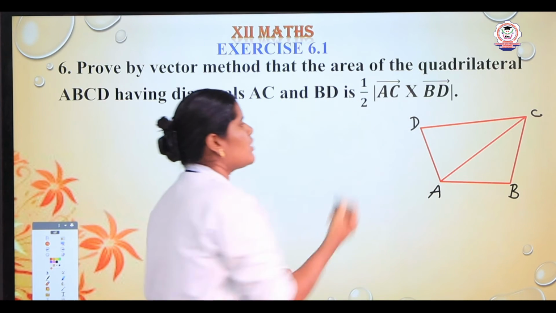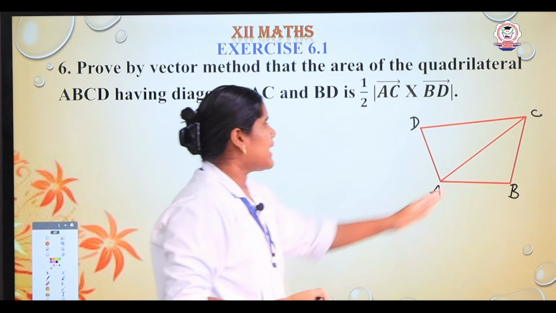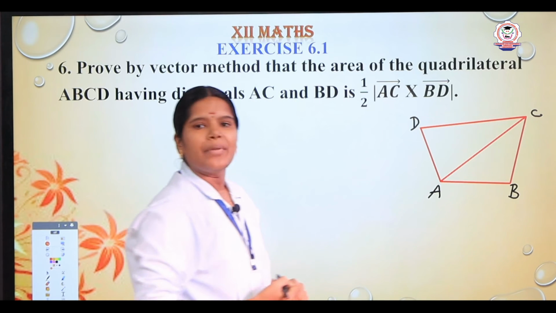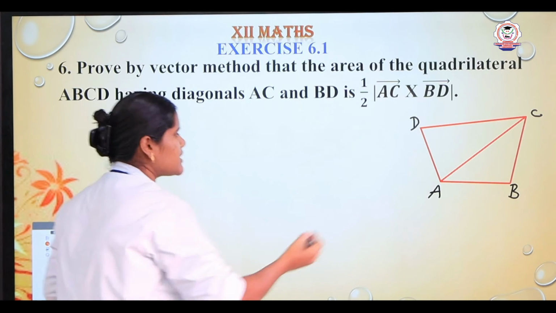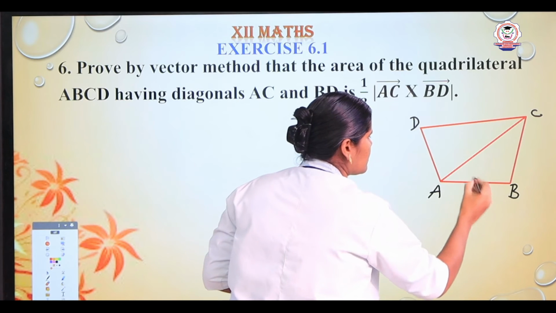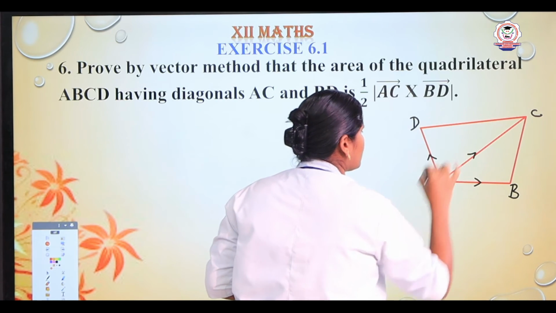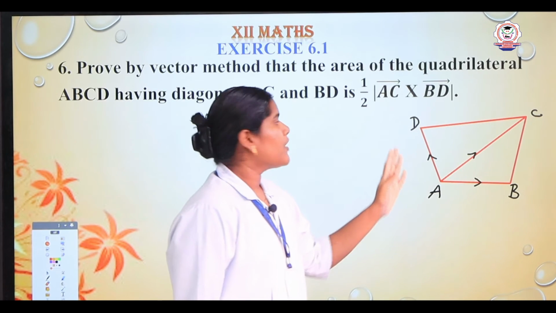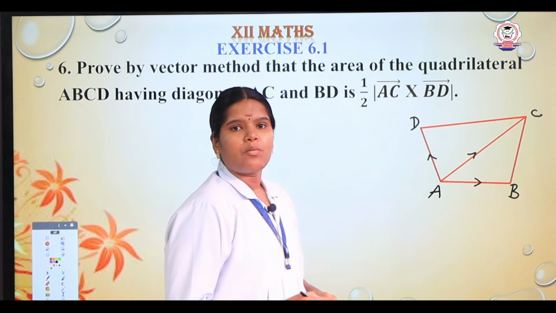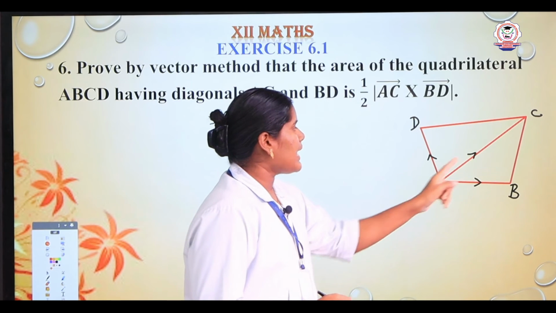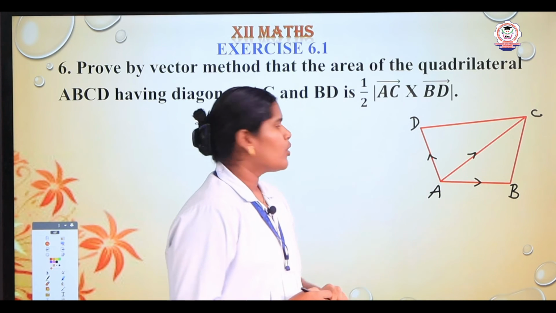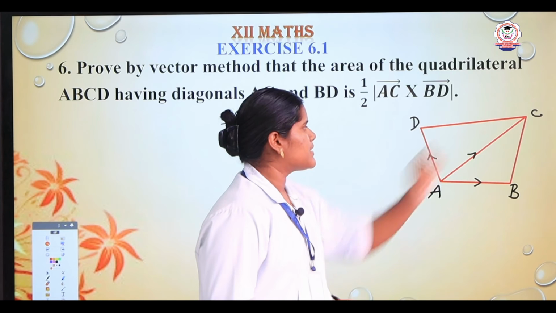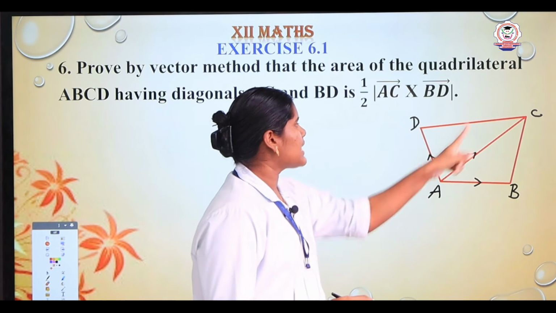We have two diagonals here, the first one is AC and the second one is BD. So the directions are like this. Here the area of the quadrilateral is equal to the addition of the areas of these two triangles. Our first triangle is ABC and the second triangle is ACD.